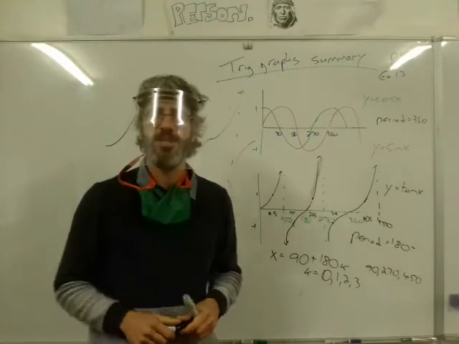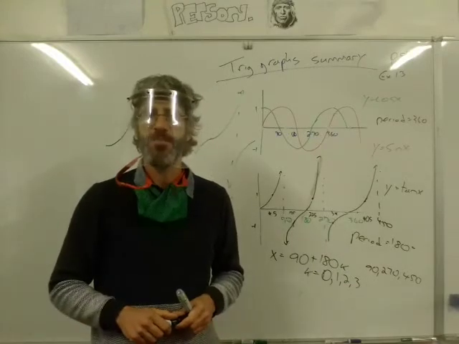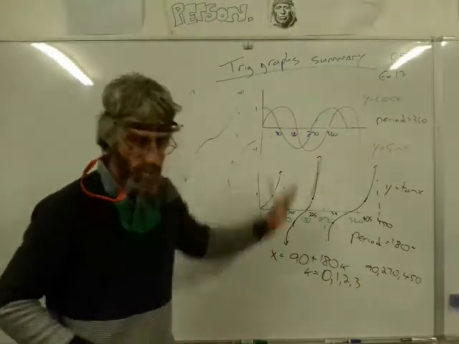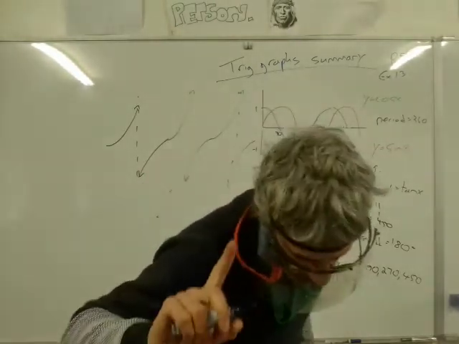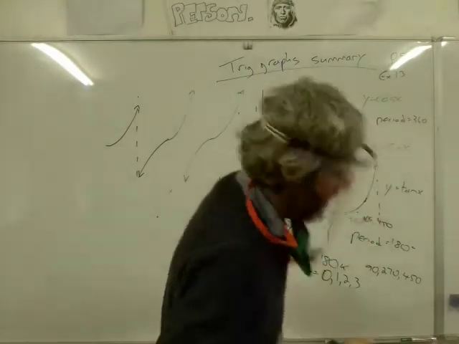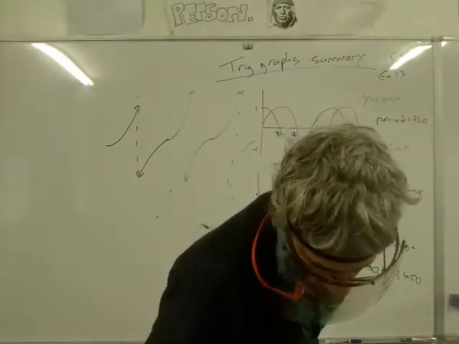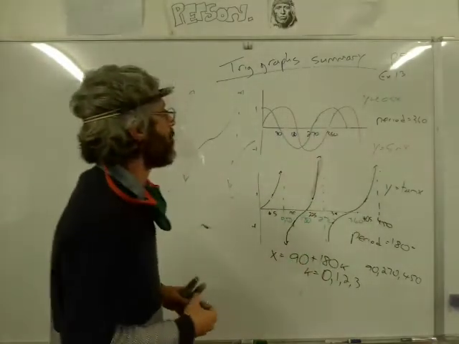Every time we add 180. So these are two new things. We spoke about the period, and we spoke about when we have the asymptote. I spoke about the special point, the critical point, and now I just need to remind you of something that we've done.